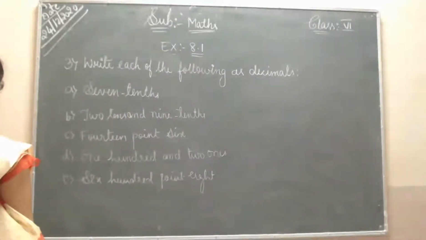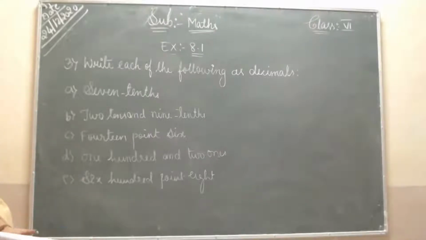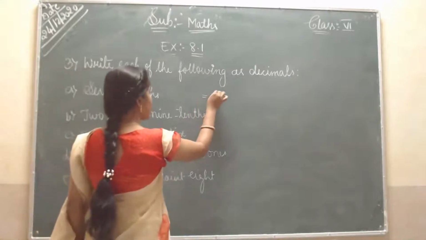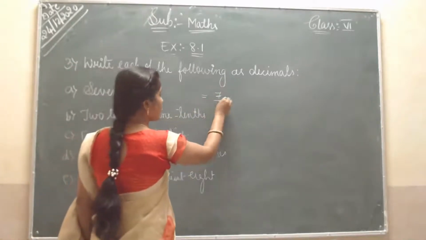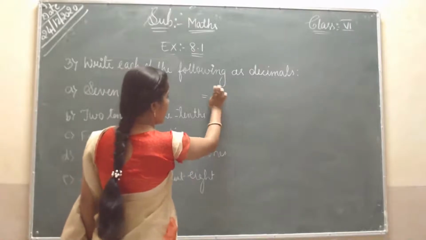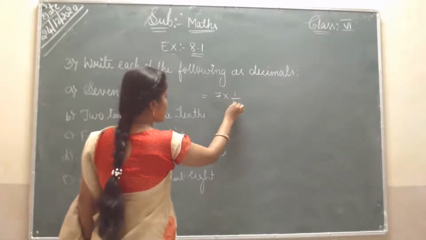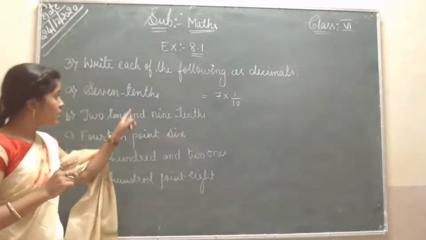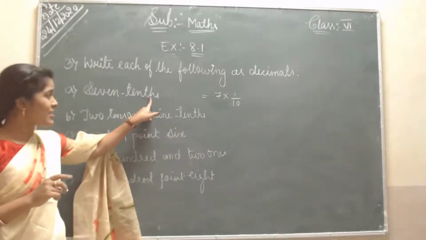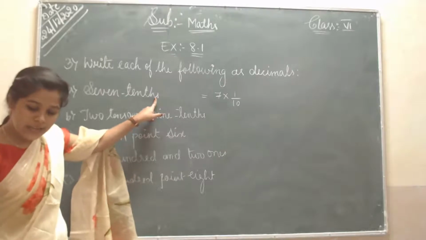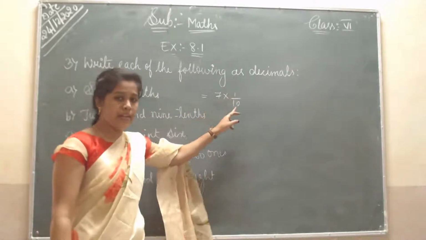So what we have to do? We have to write in the decimal point. So yes, 7 tenths means 7, tenths means 1 by 10. We know that tenths means we have to take 1 by 10.